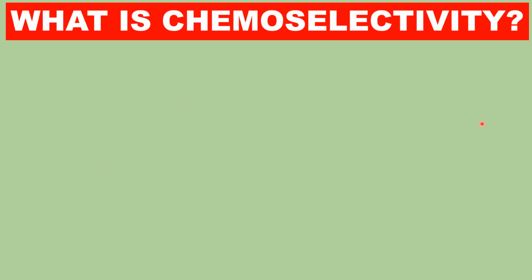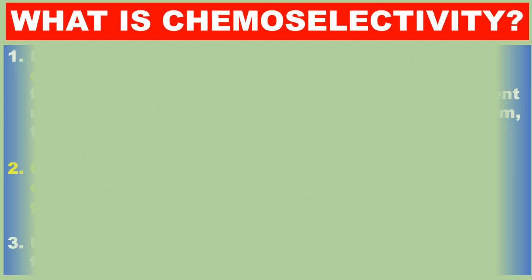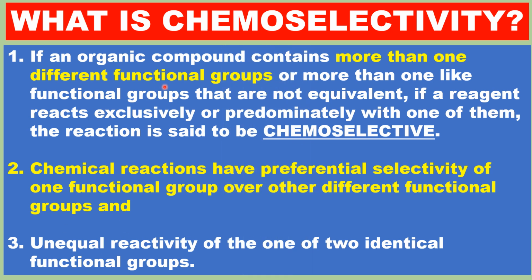What is chemoselectivity? We'll explain with an example. As I said earlier in the first slide, if an organic compound contains more than one functional group that are not equivalent, and a reagent reacts exclusively or predominantly with one of them, then the reaction is said to be chemoselective.